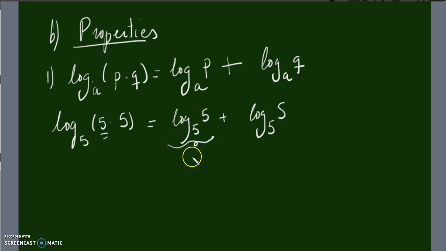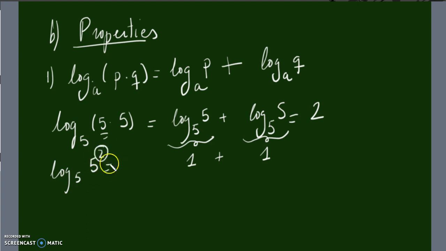So this is 1, this is 1. We can calculate this: 1 plus 1 is 2. If you do this directly, the result is the exponent, so it's 2, it's the same.